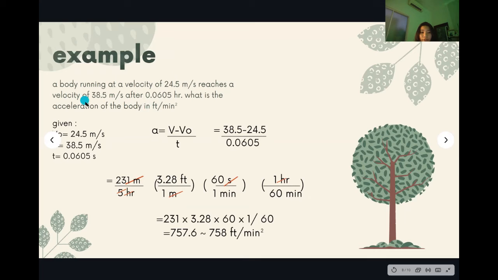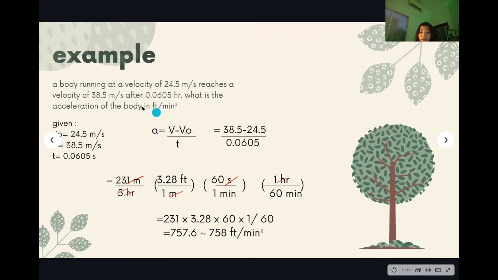Example number 3. A body running at a velocity of 24.5 meters per second reaches a velocity of 38.5 meters per second after 0.0605 hours. What is the acceleration of the body in foot per minute squared? So we need to use foot over minute squared.